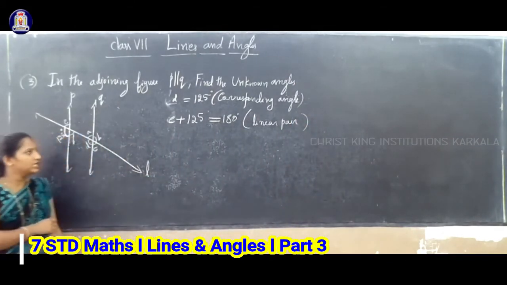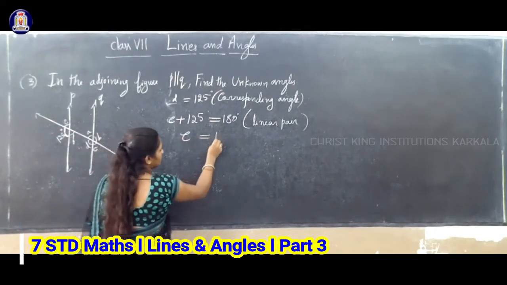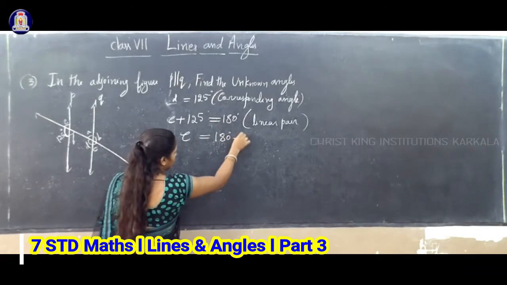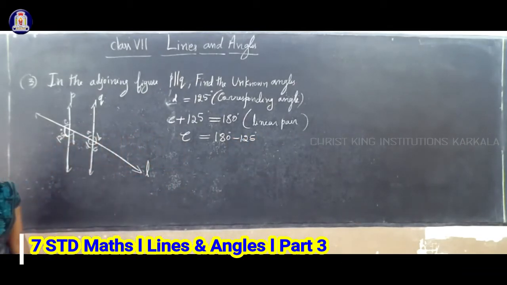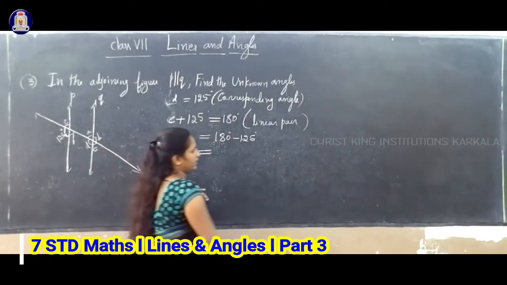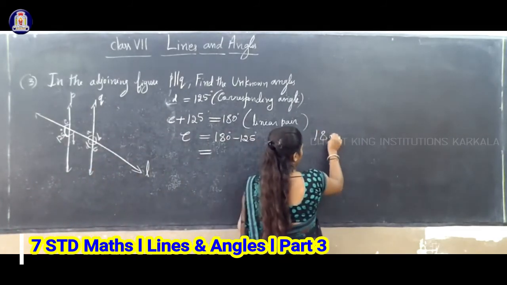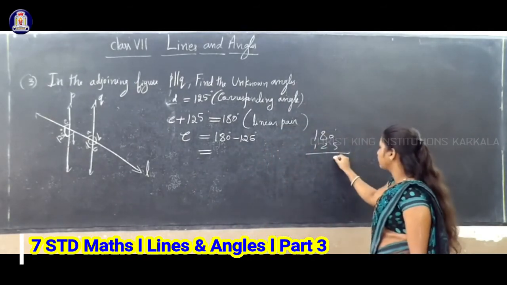So now E plus 125 is equal to 180. So E is equal to 180 degrees minus 125 degrees. If you subtract 180 minus 125, we get 10 minus 5 is 5.